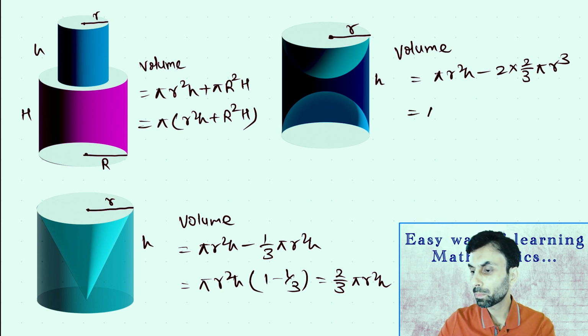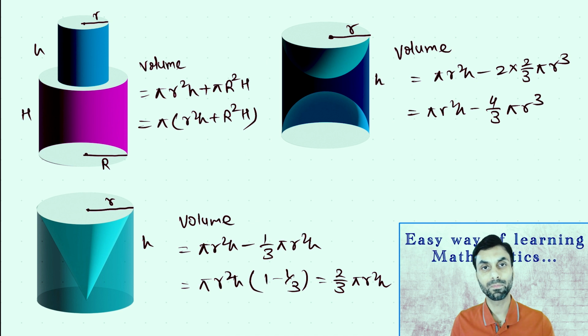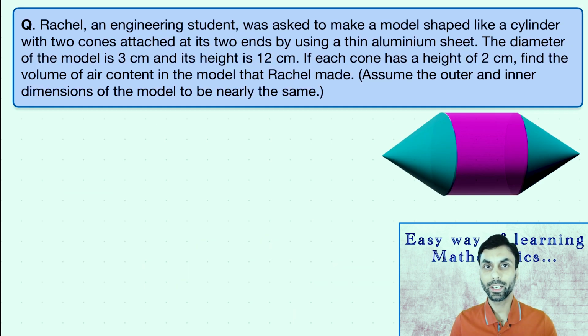This becomes pi r square h minus 4 upon 3 pi r cube. Then we can take pi r square common and simplify by substituting the values as per the question. Now we'll see some questions based on it.